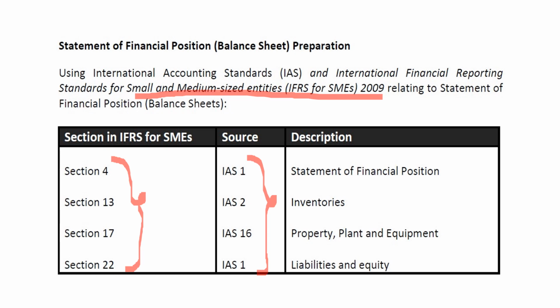If you have never read this before, you can Google this here with .pdf, and you should be able to get a PDF file with these sections. You look them up and see what is meant by SMEs, in relation to your balance sheet: inventories, property, plant and equipment, and liabilities and equity.